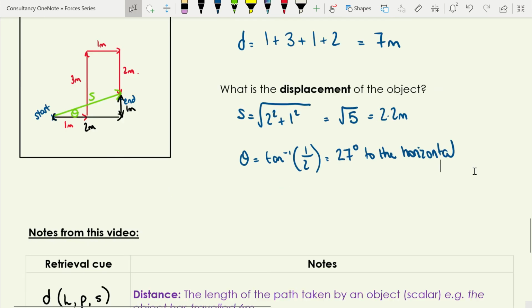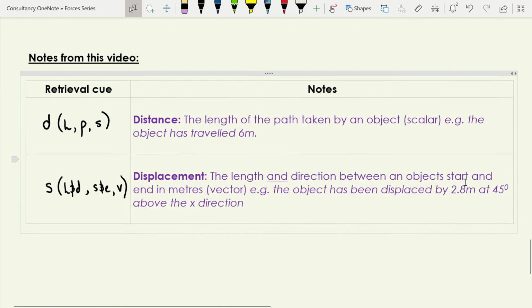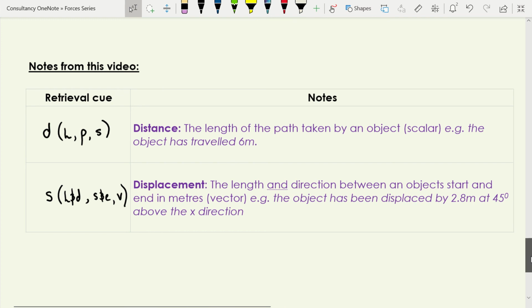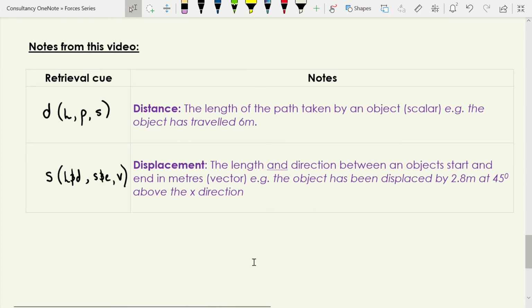So just to finish off, as I have been in this video series, I just want to show you what my notes would look like on this video. And I'll be making use of these retrieval cues in a subsequent video, which I'm going to make shortly. So the two things we need to know are what distance and displacement are and what the difference is between them. So you can see here, if I cover up the right hand side, so I'm just going to stick a magazine across the right hand side, so we can see how the cues get used.